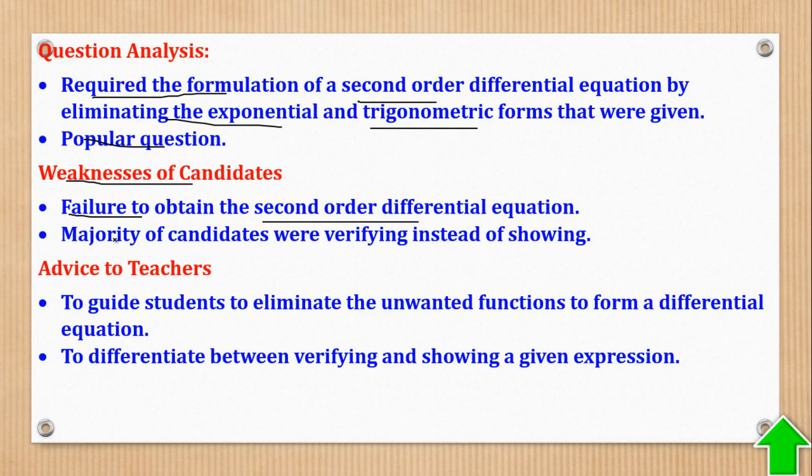Differentiating the second time was a challenge. Then majority of candidates were verifying instead of showing. So verifying is different from showing. Verifying was about trying to differentiate from first principles, which is not okay. That is not okay.